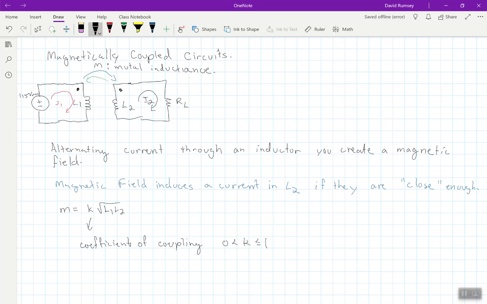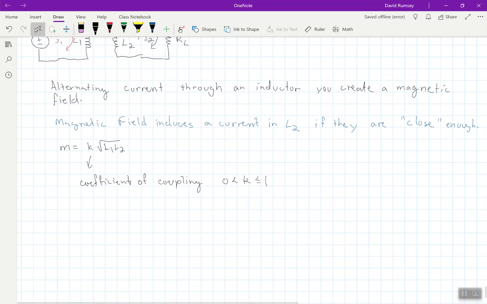What's important to recognize is that if you just have two inductors, they might start interfering. Even if you have just an inductor in a circuit, you might start causing interference because you are going to generate a magnetic field. It might be a small magnetic field, so it might not be a big deal, but you are going to generate one. So some inductors, some fixed value inductors, when you buy them, are shielded.